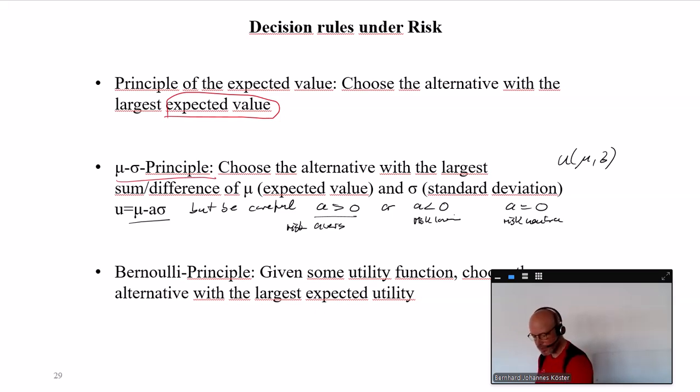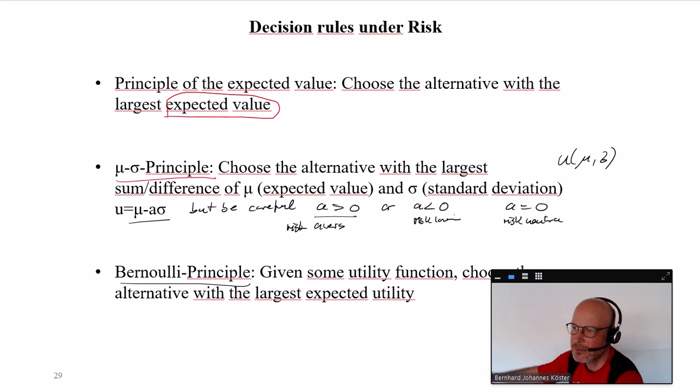And the Bernoulli principle, this is the same as Krelle, but we have to admit that Mr. Bernoulli or all his brothers, I don't know after which of these very famous guys it is named.